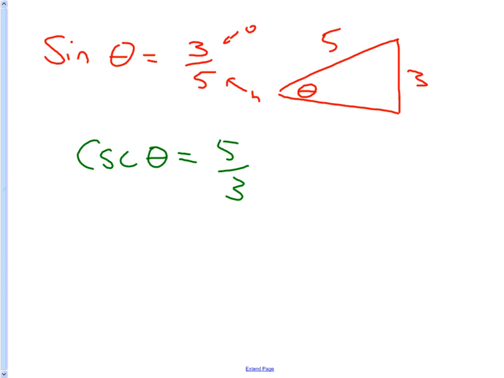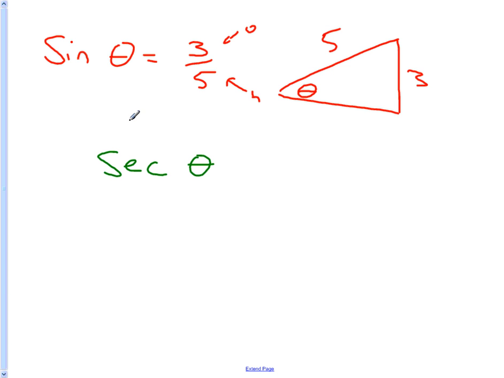But what they're going to do is this. They're not going to ask you for the cosecant. They're going to ask you for like the secant of theta. So to figure out the secant, you really need to go back to the one that you're more familiar with. That's like the crazy sister of secant. And that would be which one? Cosine.